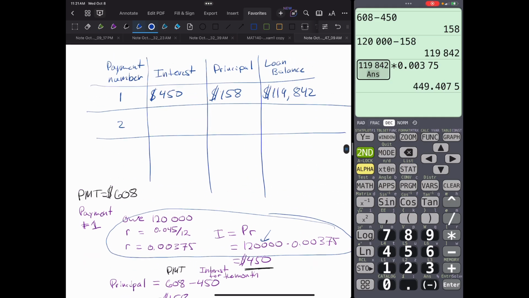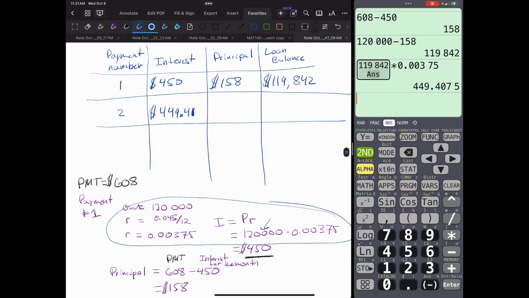And so I would expect that for this number, 449.41. Let me try to make that more legible. There we go. Maybe I succeeded, maybe I didn't.